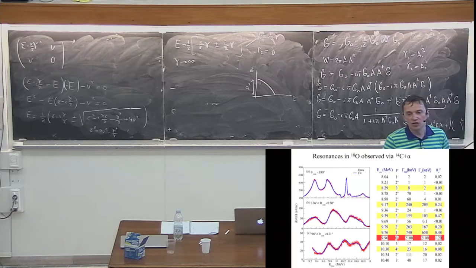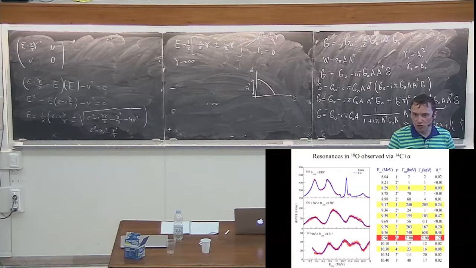The reduced width here is the ratio of the width observed to the width predicted in the simplest potential model. That simplest potential model can be a Woods-Saxon potential. You put a particle in there with the correct parameters related to charge and the mass of an alpha particle, solve it, and find the width.